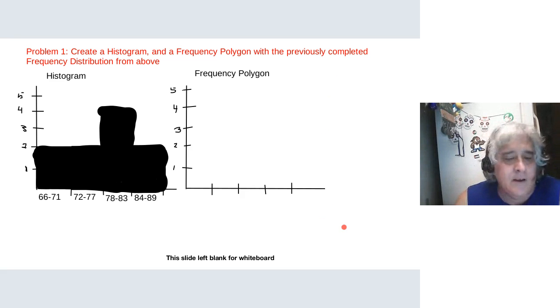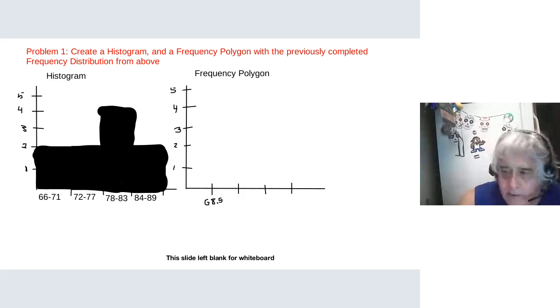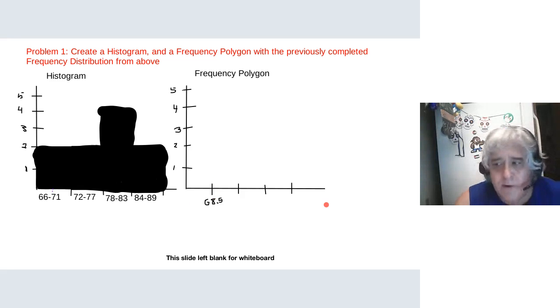Now they have this thing called the midpoint. If we take 66, which is that first one, 66 plus 71, I'm going to show you how we get it in a second. That's right around here, kind of in the middle, but it's the midpoint.